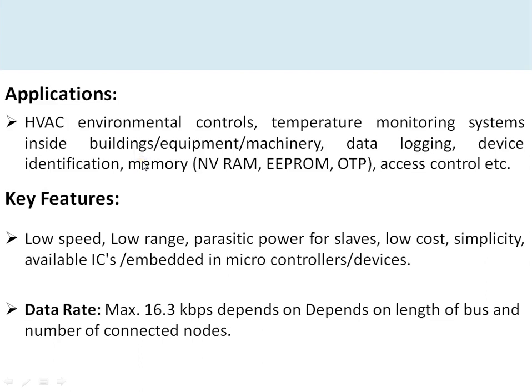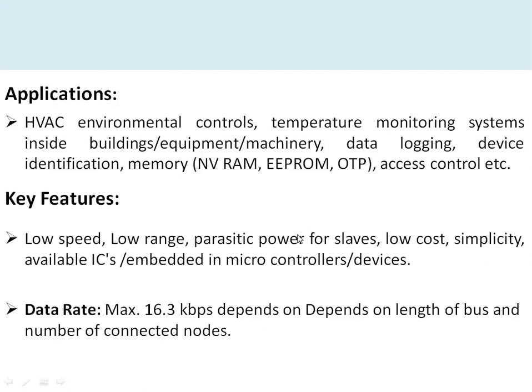Key features of this one-wire bus: they are low speed, low range, with parasitic power for slaves, which means the slaves, the supporting ICs for the one-wire bus, can be powered by using the high state of the bus instead of taking external power.